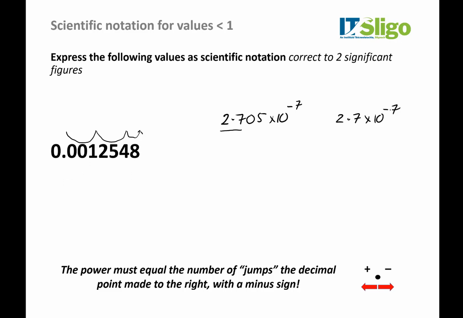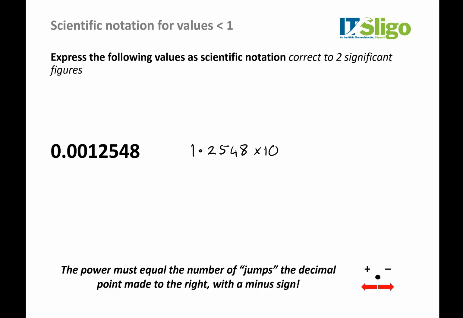And final one then. So first of all, the number part, 1.2548 by 10 to the power of, that's the first bit. Sort out the number, make sure it sits between 1 and 10. Now the decimal point is going to move to here.